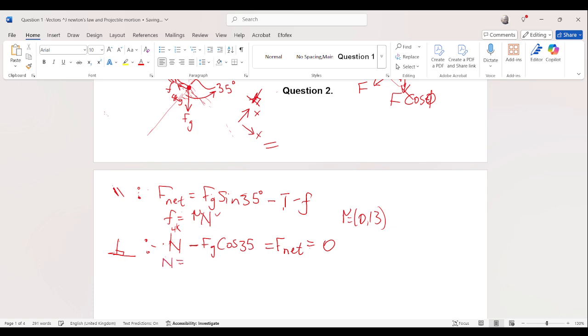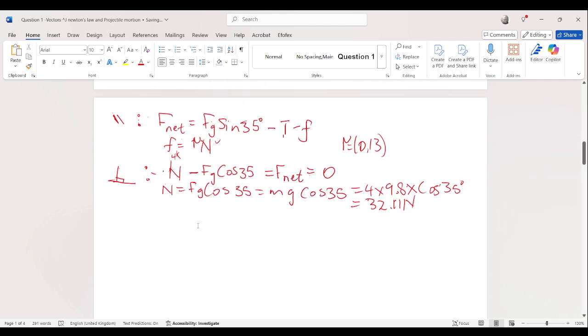So normal force will be given by Fg cos of 35, which equals mg cos 35, which gives us 4 times 9.8 times cos of 35. This will give us 32.11 newtons.